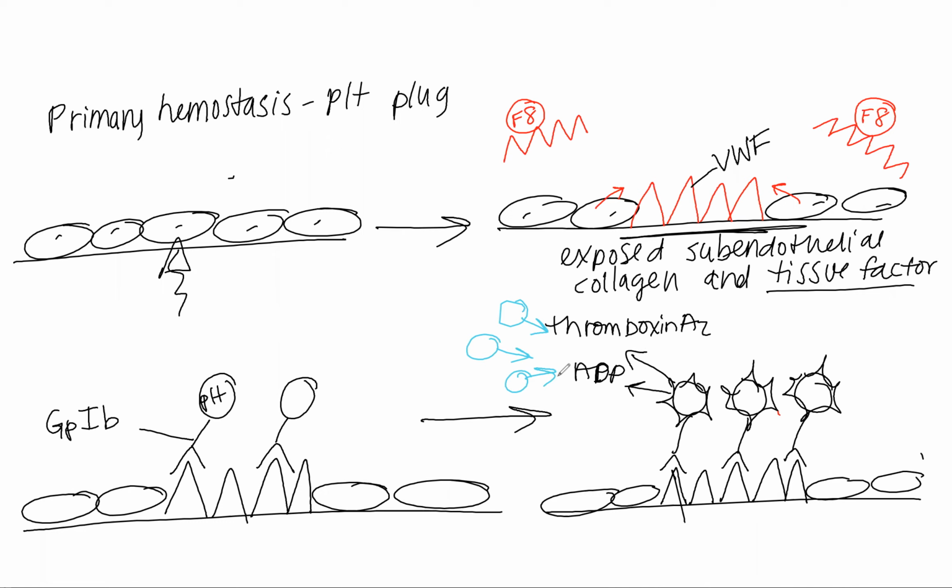And then the other thing that's going to happen is they're going to relocate a receptor to their surface called GP2B3A, which is a receptor for fibrinogen. And remember that that ogen ending means that it's an inactive form. So this is a receptor for the inactive form of fibrin, which is fibrinogen.